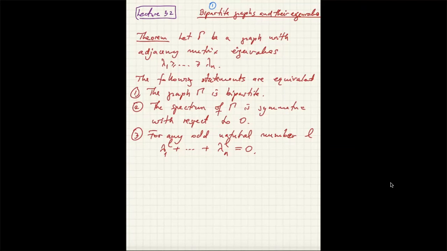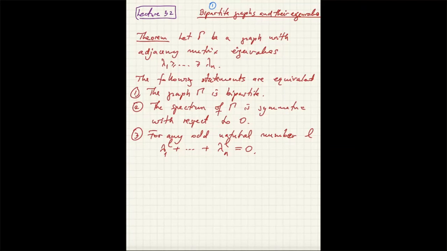So last lecture, we ended with the following theorem, giving some necessary and sufficient condition for a graph to be bipartite in terms of the eigenvalues of its adjacency matrix. So the result is the following.